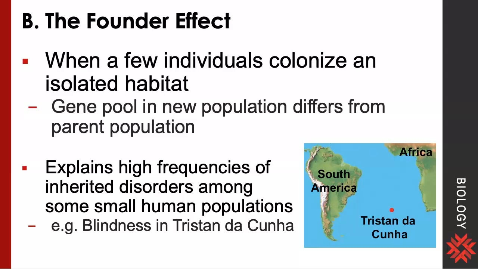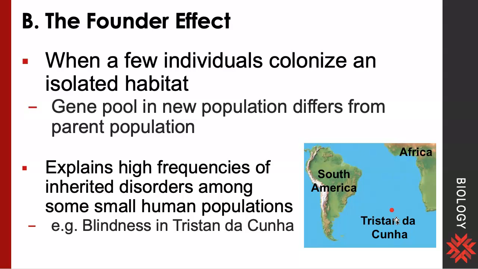As an example here, there were 15 people who colonized Tristan da Cunha, and one of those colonists was carrying a recessive allele for this progressive form of blindness called retinitis pigmentosa. And this one person was just a carrier, so they didn't have this blindness. Nobody was aware of it, but that person carried the allele for this blindness.